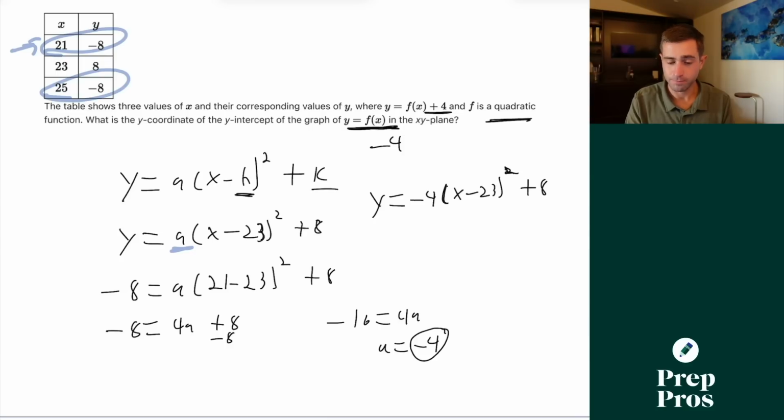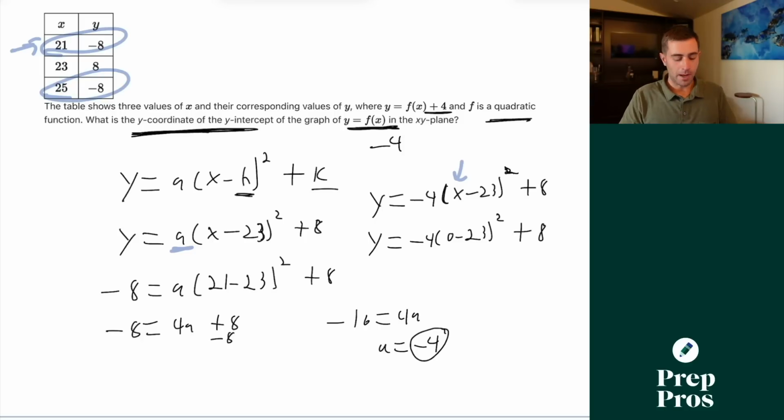Now, if we're looking for the y-coordinate of the y-intercept, we always find our y-intercept when x is equal to 0. So we just punch this in our calculator: y equals negative 4 times 0 minus 23 squared plus 8.